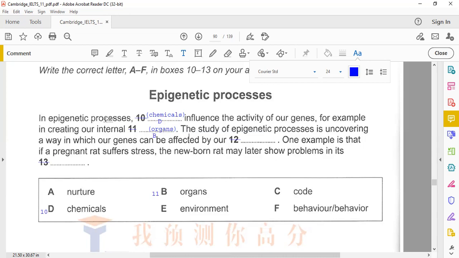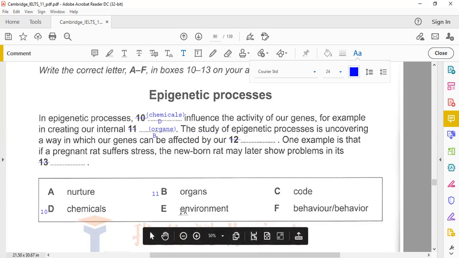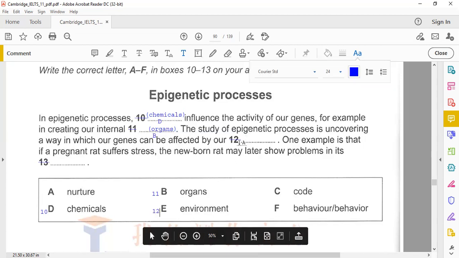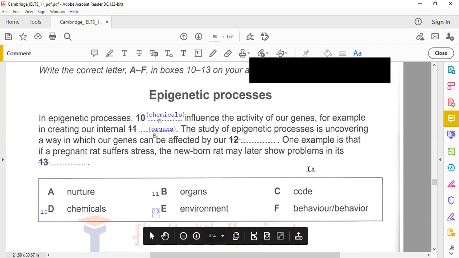In epigenetic processes, chemicals influence the activity of our genes, for example, in creating our internal organs. The study of epigenetic processes is uncovering a way in which our genes can be affected by our what? By our environment. So you write environment here.